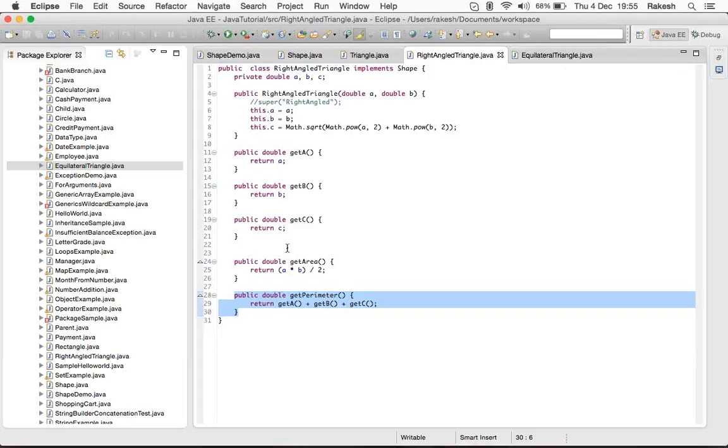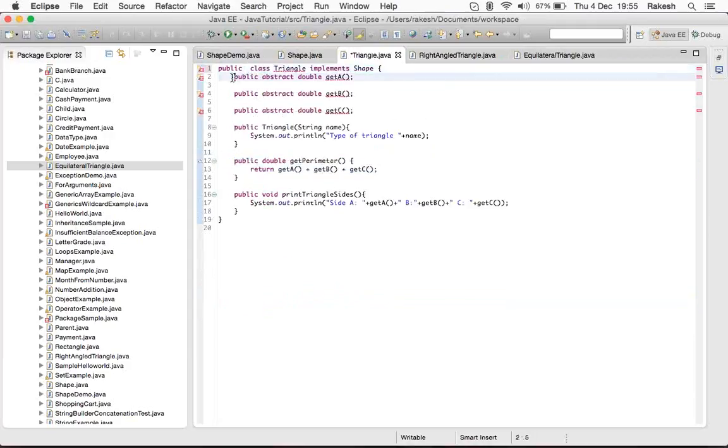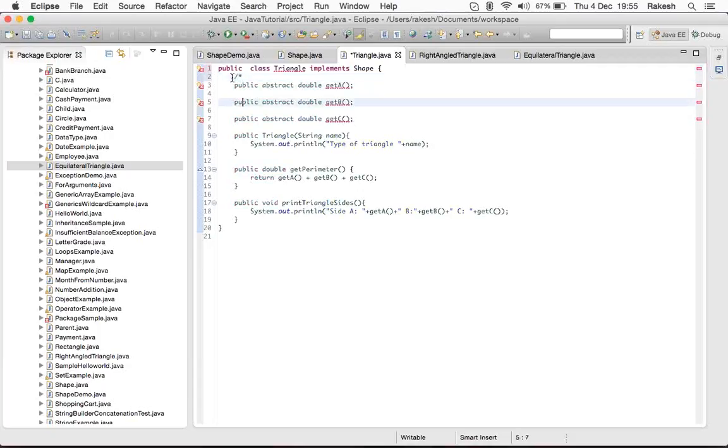So to fix that, what do we do? As I said, you need to move this code to a common place which these two can access. So I'll make a small change.